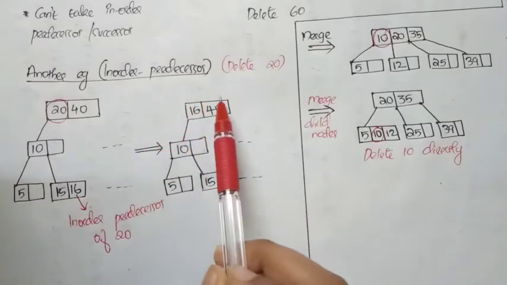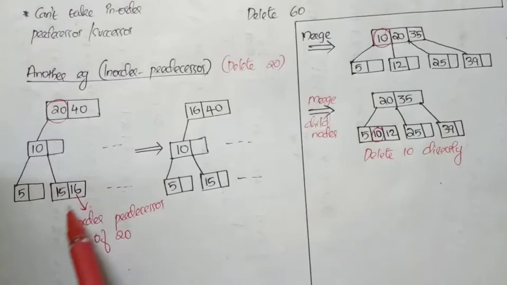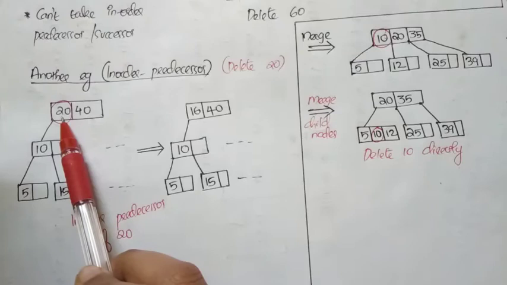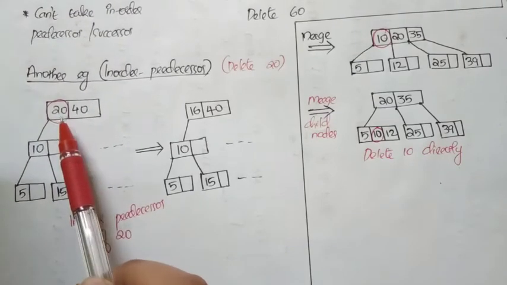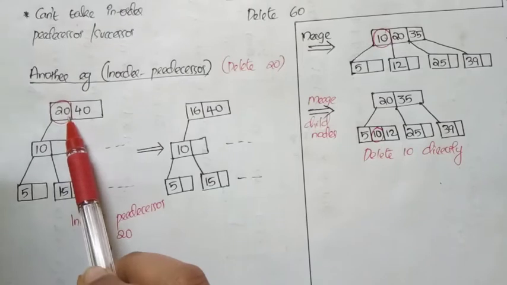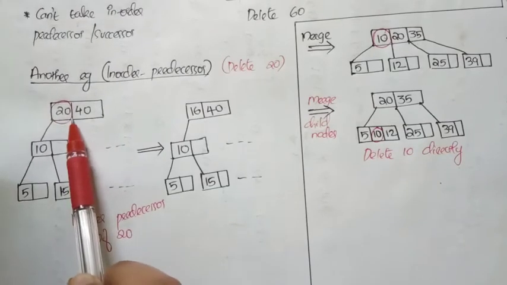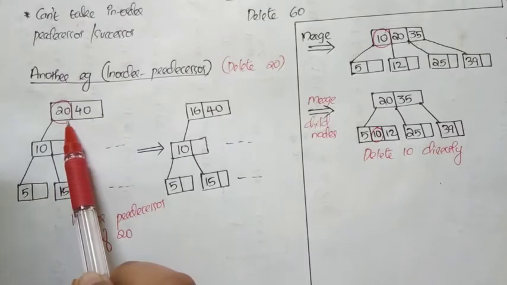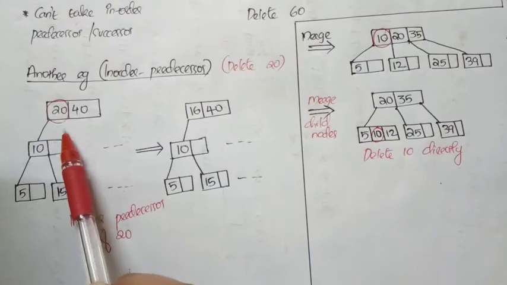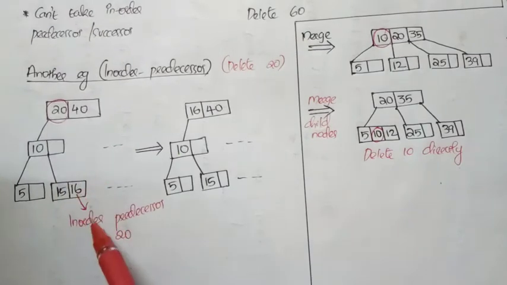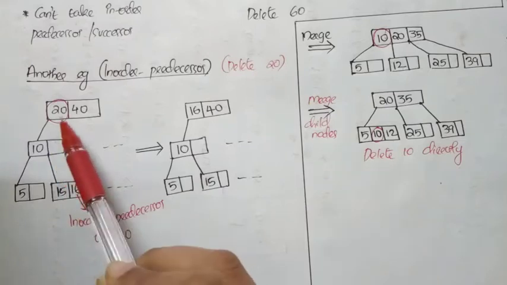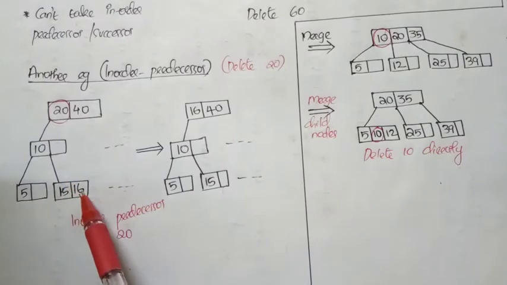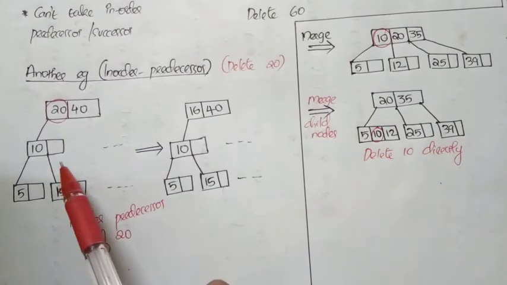Here let us take another example. In this particular tree we have to delete the key 20. Okay, so in this case the key is present in an internal node. In the case of deleting an internal node, we can either replace it with an in-order predecessor or an in-order successor. So here let's choose the in-order predecessor. The in-order predecessor of 20 is the largest element in its left child.